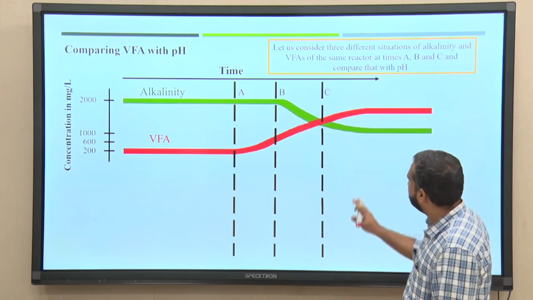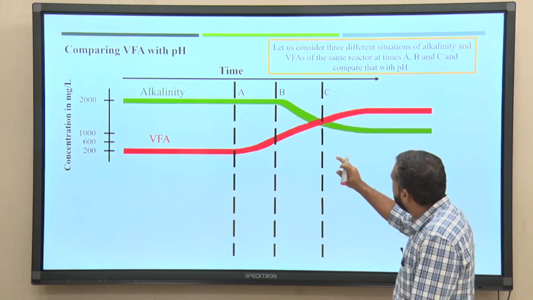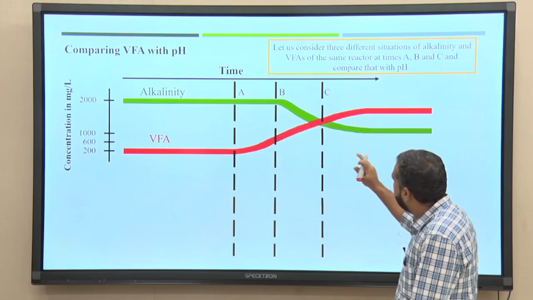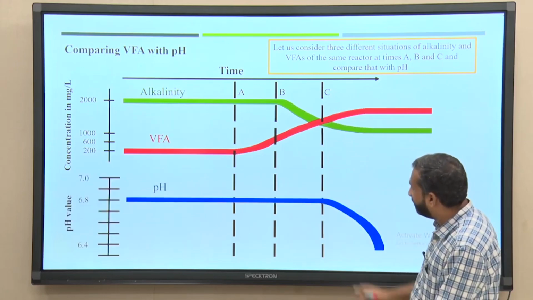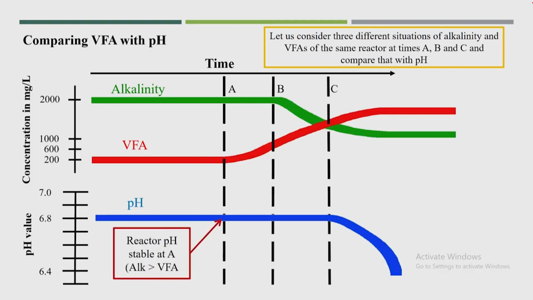Now, in all three situations, we started with a pH of 6.8, but at situation C, or stage 3, the pH is dropping and coming to acidic condition.